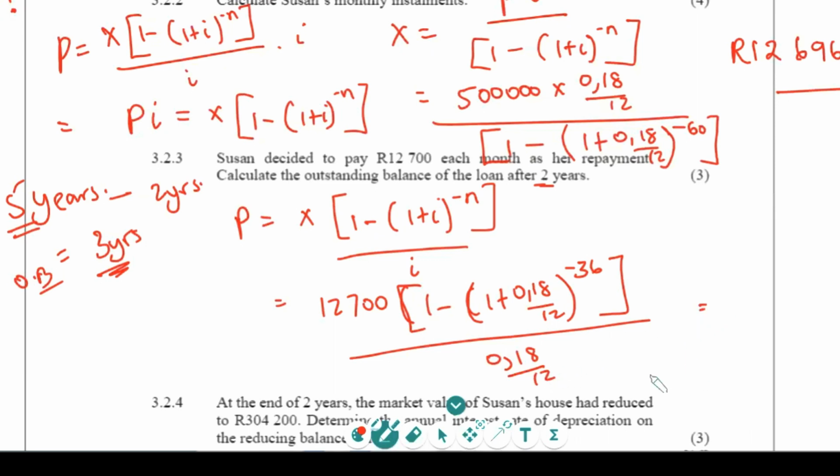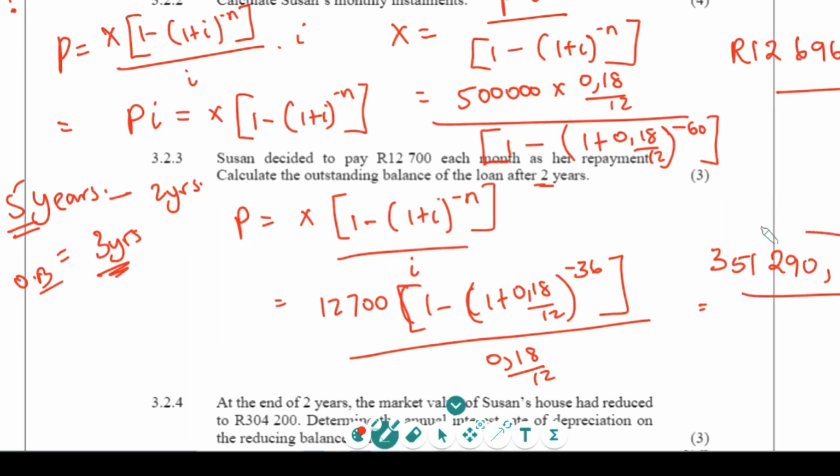Then I'll just punch this into the calculator. So that is 12,700 into 1 minus 1 plus 0.18 over 12 to the exponent of negative 36, close brackets. I'm dividing by 0.18 over 12. That gives me 351,290.69.